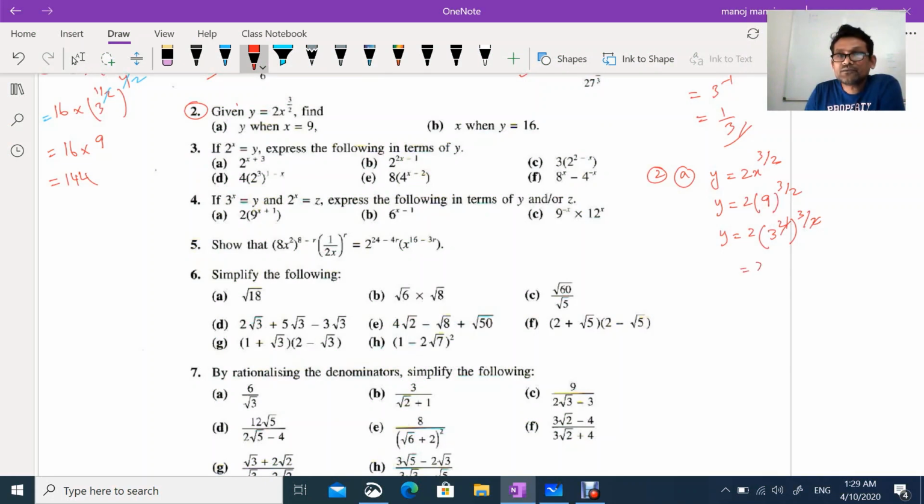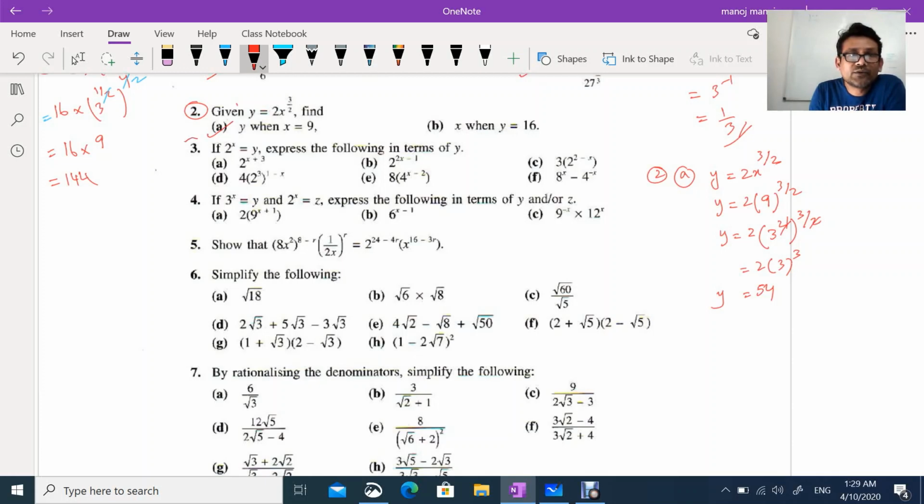So don't multiply with 2 first; simplify the bracket first. Then you can write 3 power 3 is 27, and 27 multiplied by 2 is your result, 54, and that's your answer. This is the way you can solve it. There is no problem in part A. To find y, we have to put the value here.